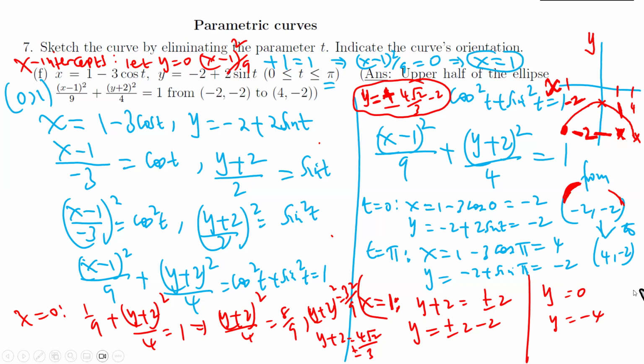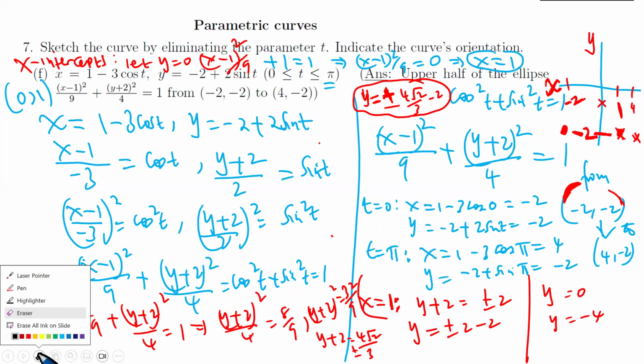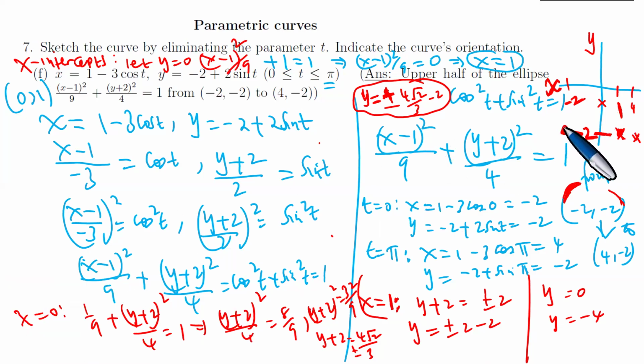Okay, let's go on. So now let us draw this carefully. So yes, it's going to cut, but it's going to cut at this point, and then it's going to touch the x-axis at 1. Going to come down like this.